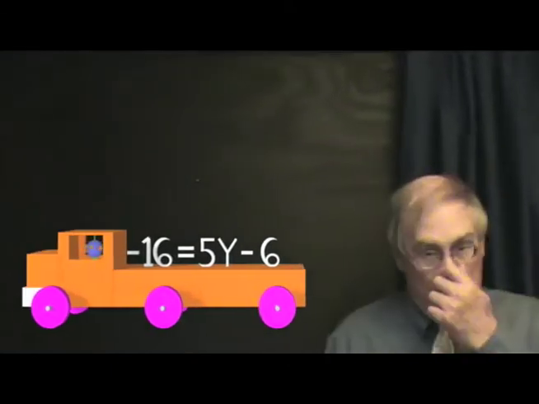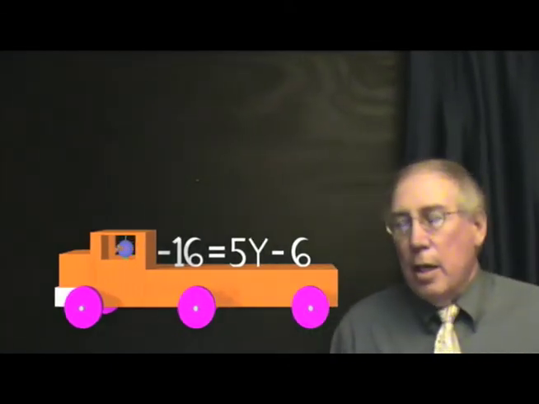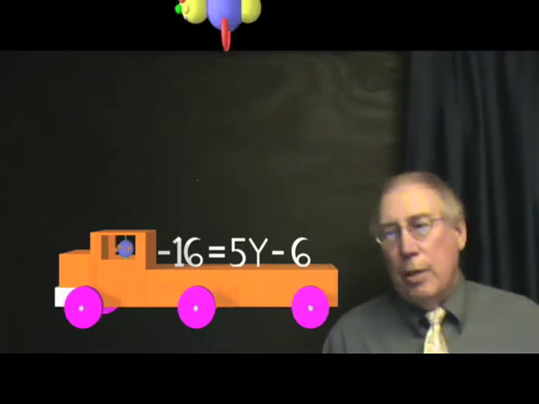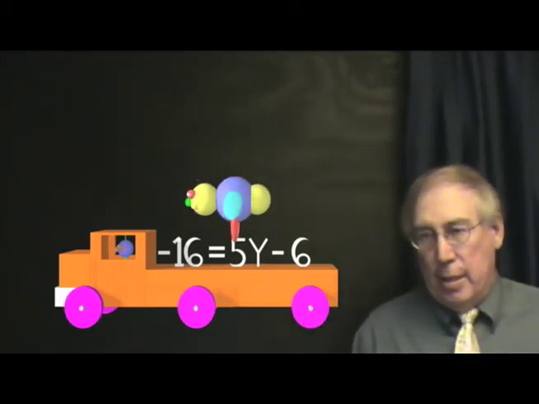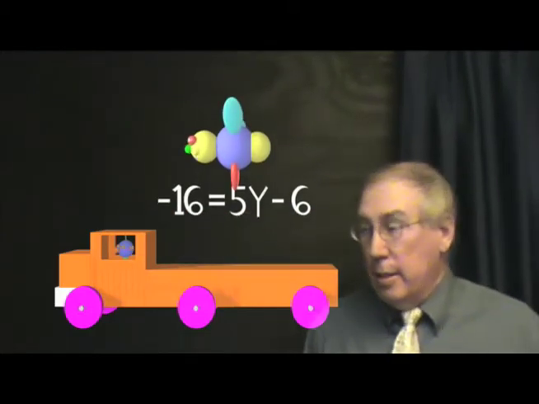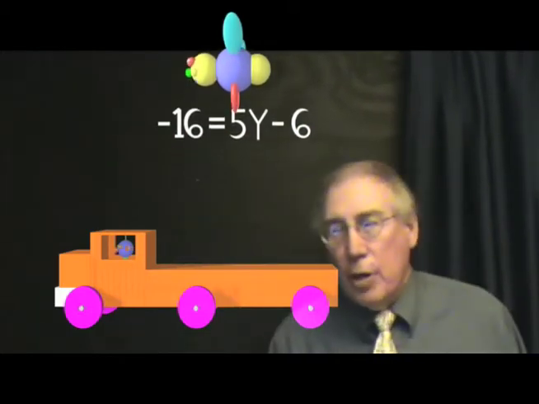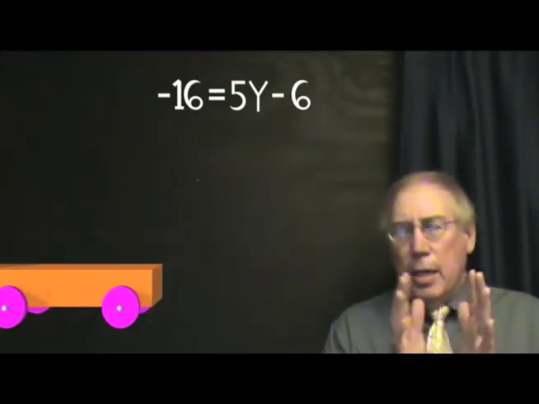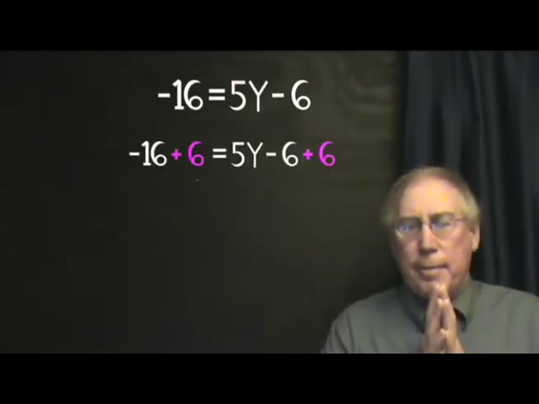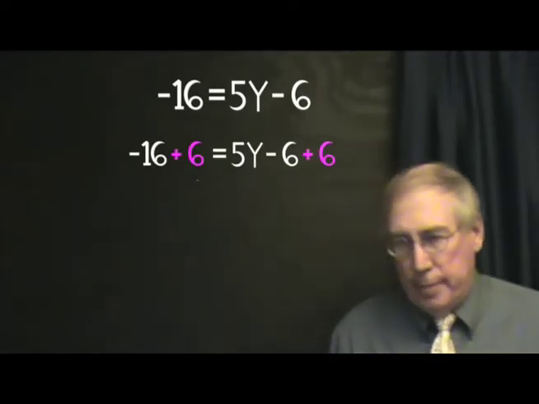Another problem being delivered here. Negative 16 equals 5y minus 6. And it gets lifted off. This time, let's add 6 to both sides.